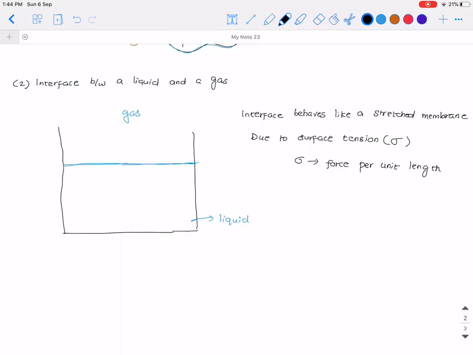We will provide some explanation for this now. Let us consider a molecule in the interior of the liquid, surrounded by neighboring molecules in each direction. Hence the cohesive forces act equally in all directions.